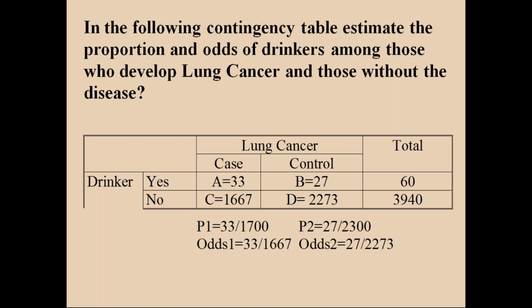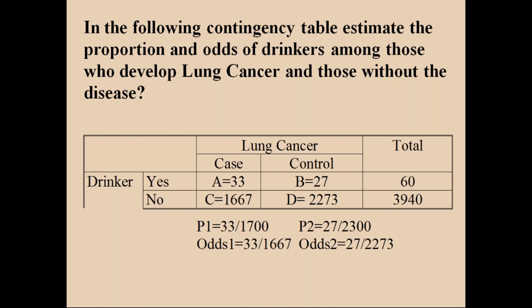Controls means they have no addiction for smoking or drinking, that is called normal people, that is control. Cases means those group are taking some drinking and smoking, that is cases and controls. Then total cases are 60, total non-cases are 3940.